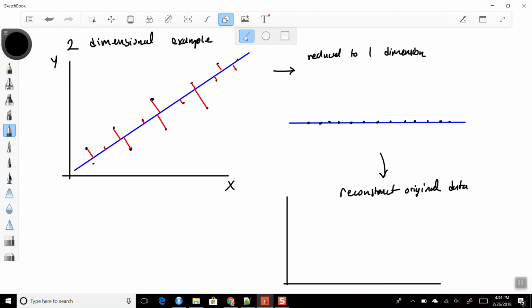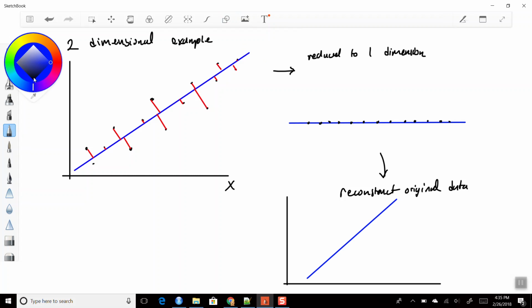But now that it's been reduced to one dimension, your reconstructed data will just remain in a single line. Okay? And so now you have all the data points kind of along here.